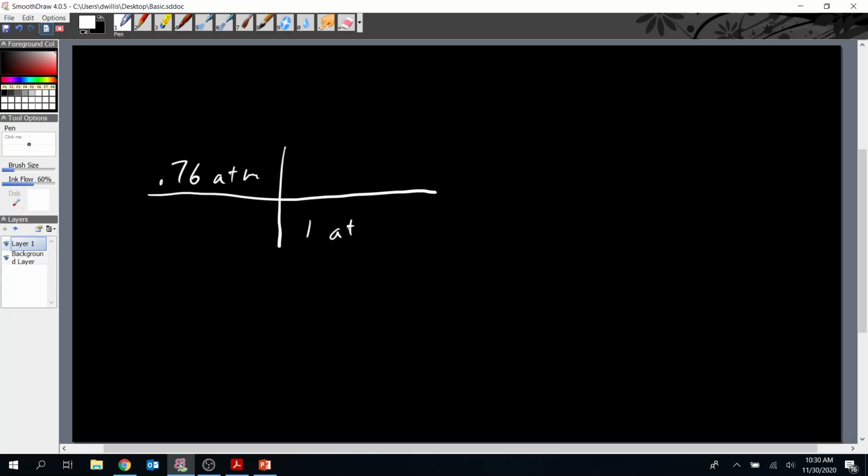So I'm going to put 1 atmosphere down here. I'm going to look back up in my sheet and see that 1 atmosphere is equal to how many torr? I think 760. Okay, and so then once again, I will take 0.76 multiplied by 760. My atmospheres will reduce away, and I will be left with my pressure in torr. That was the pressure of oxygen.